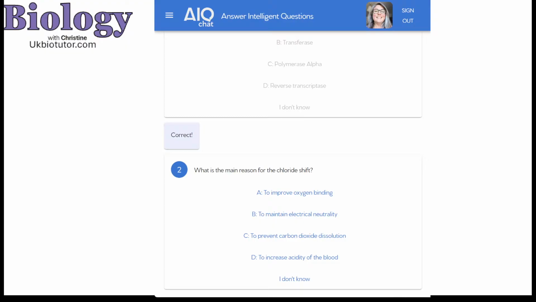So for OCR A, when they say explain or describe, describe is say what you see or say what you would see. So a describe question could be describe the data in the table or the graph and then explain what that means. For example, with a describe question, it could be temperature and enzyme activity.